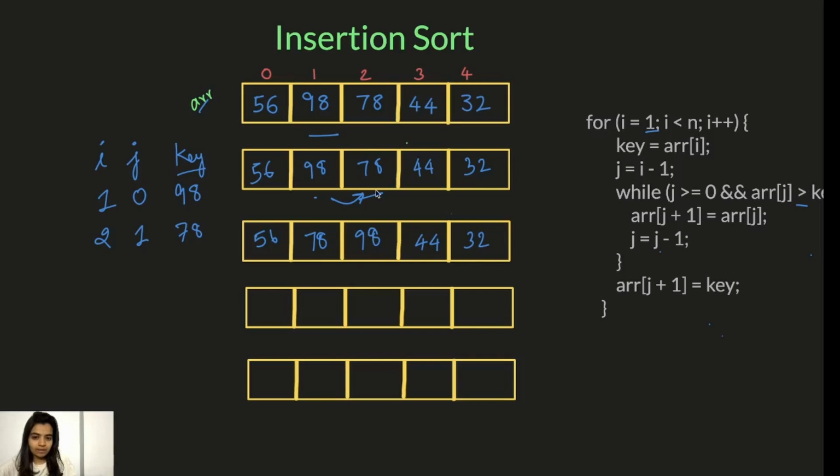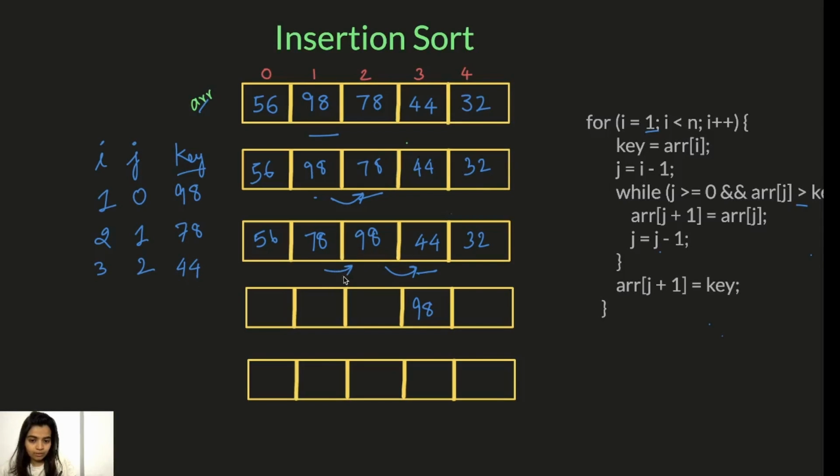Now i will become 3 and j will become 2. What is array of 3? It's 44. So we copy that into key. Now we check if 98 is greater than 44. Yes, it is. So we shift 98 over here. Now we check, is 78 greater than 44?